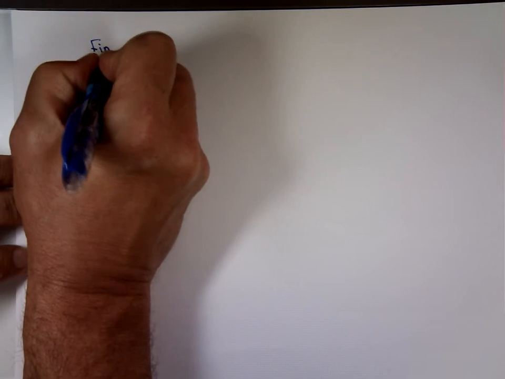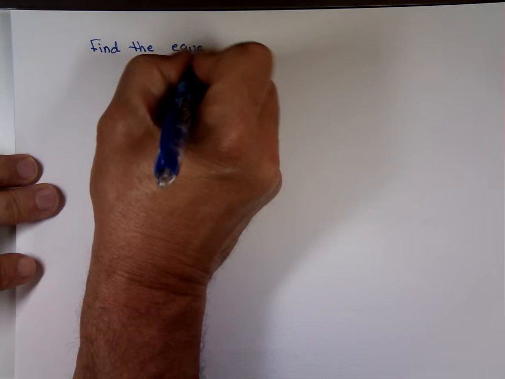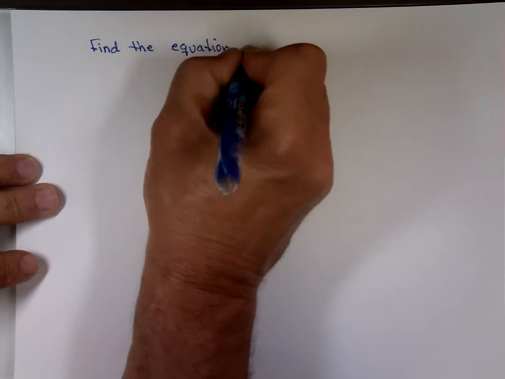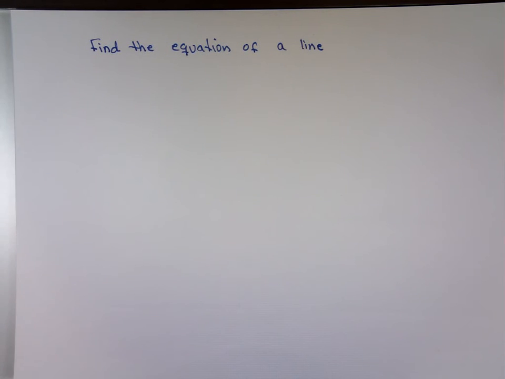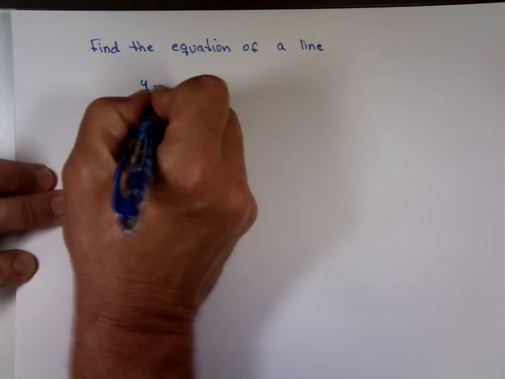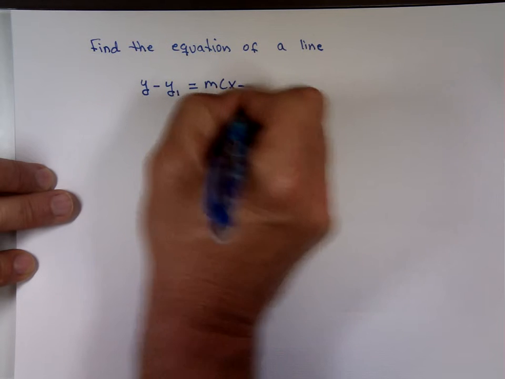Also, another thing in this section besides the slope: when we ask you to find the equation of the line, when you hear find the equation of the line, I always tell people you want to think of this equation: y minus y1 equals m times x minus x sub 1.